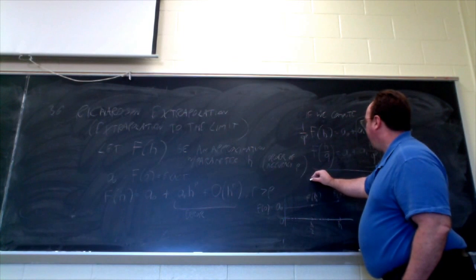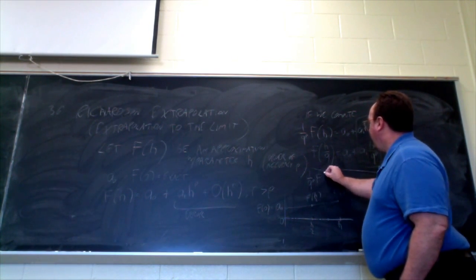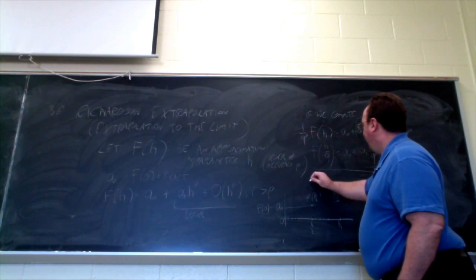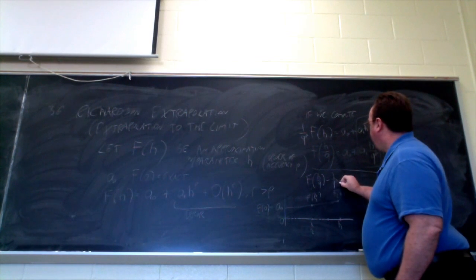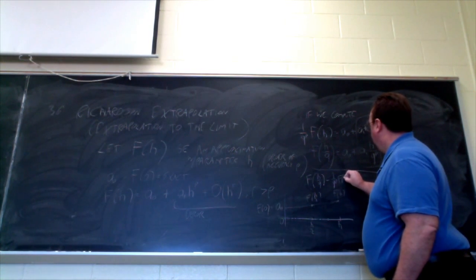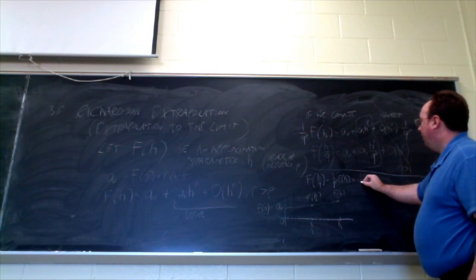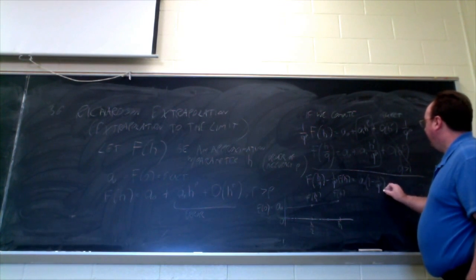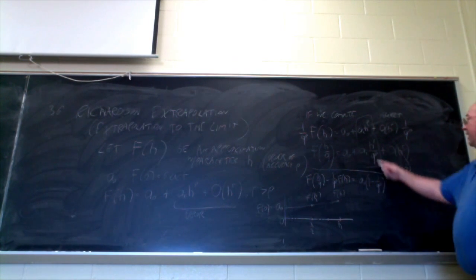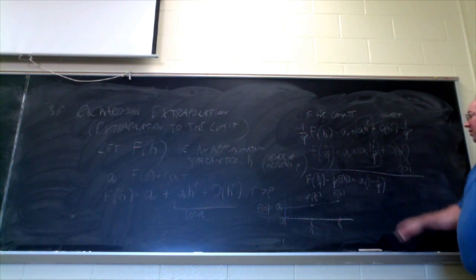So now I have f of h over q minus 1 over q to the p f of h equals A0 times 1 minus 1 over q to the p. And then these will cancel out, and we're neglecting these anyway, so really this is all we have.